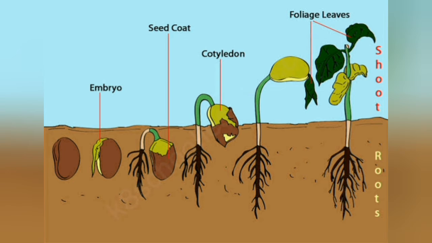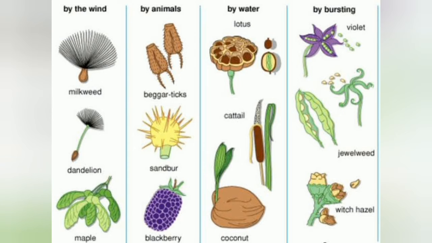Children, so you have learned about germination. Let us now come to dispersal of seeds. Seeds, as you know, need the right place to grow, and hence they should be dispersed or should go to far off places.